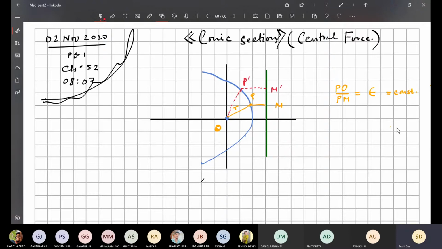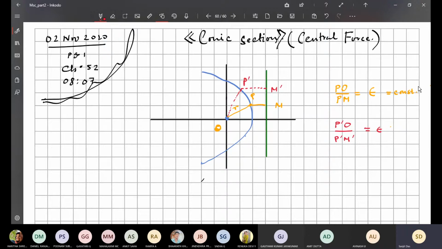Just now I gave you the definition that this ratio of the particle from the origin and this imaginary line will be constant. So in this case, P prime O by P prime M prime, that is exactly the same epsilon. This epsilon is not changing.